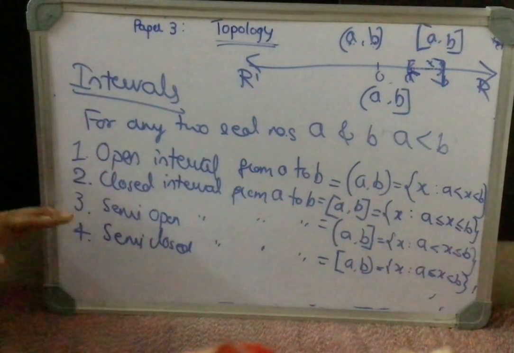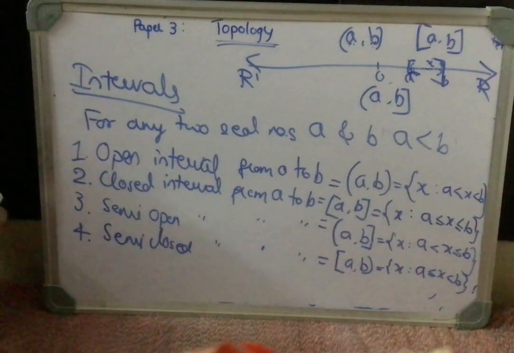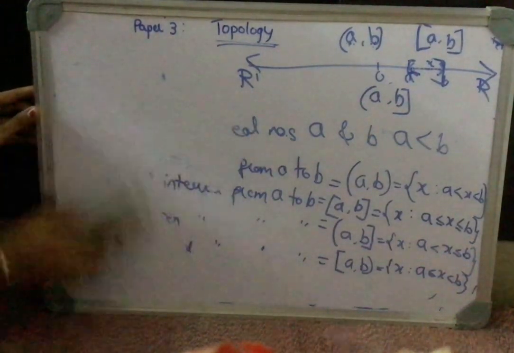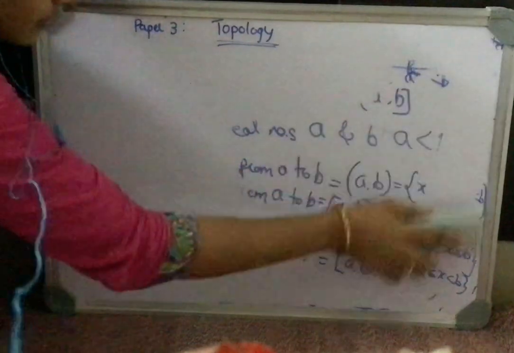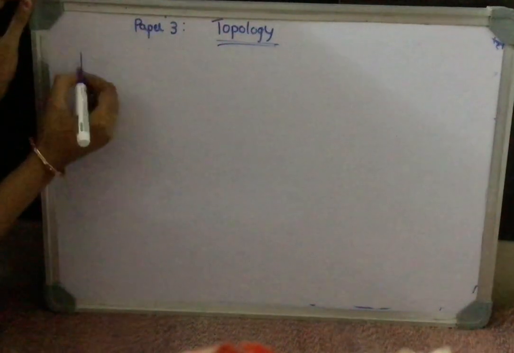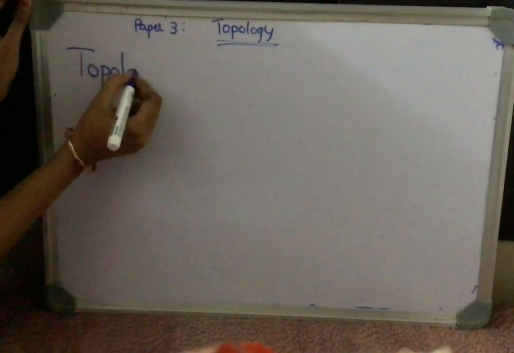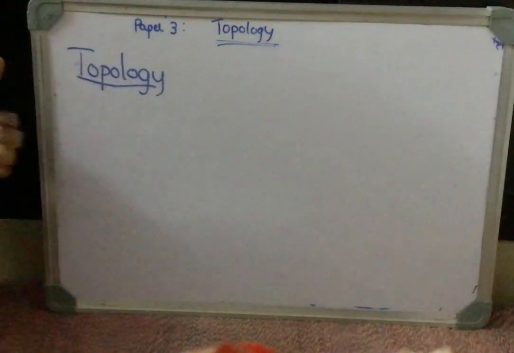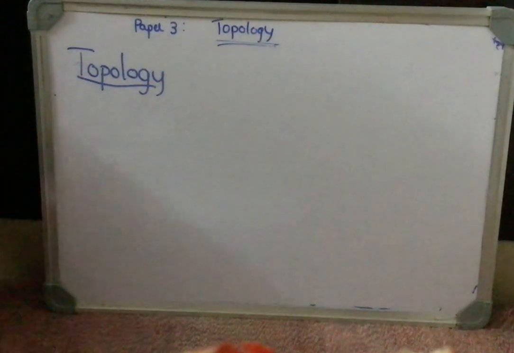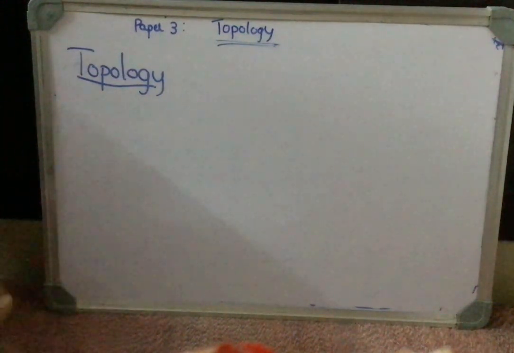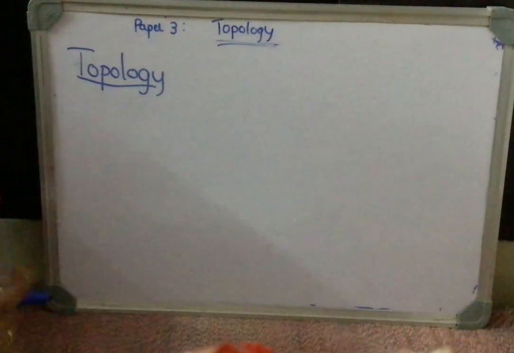So now we'll come to our main topic, the definition of topology. As you know the meaning of topology, it is a geometrical property, which says that under deformation, twisting and stretching of any object, the property has to be preserved. Using set theory we will study that.